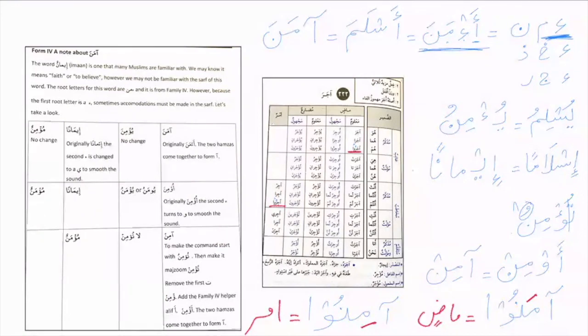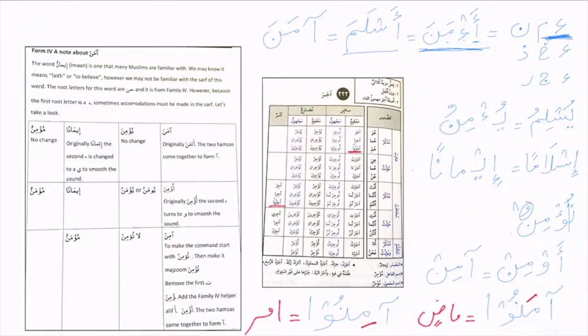And it is like a hiccup, and it's not smooth. That's why Arabs really want their language flowing. They don't like any hiccups or different sounds that are not smooth.